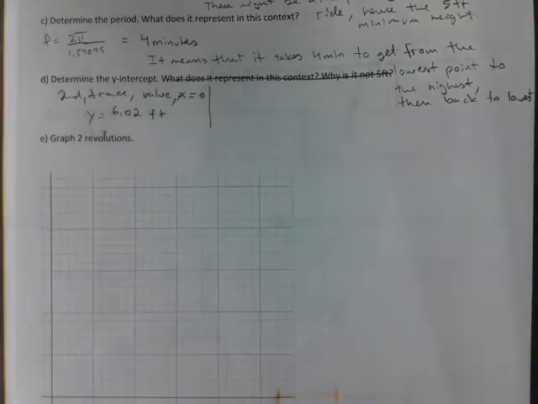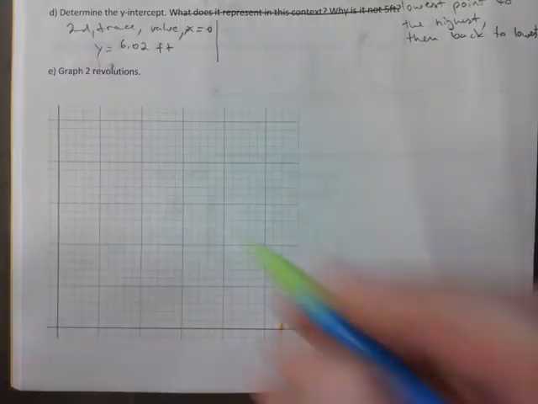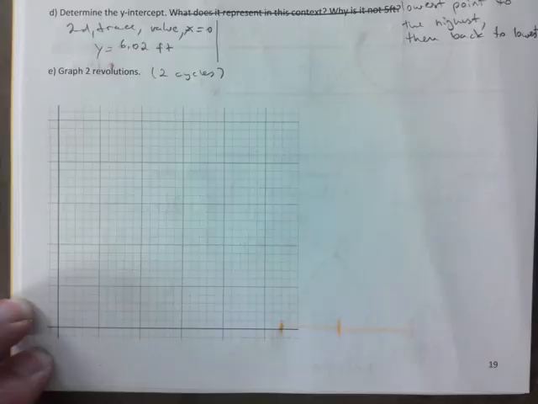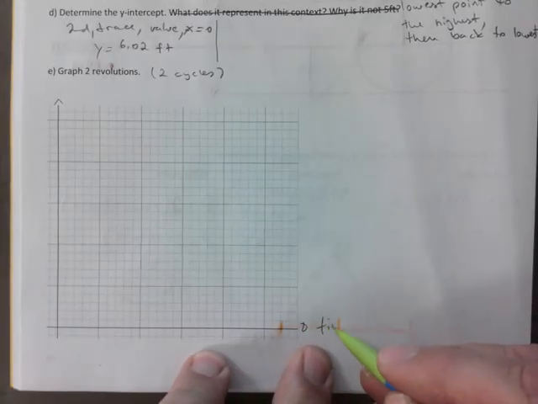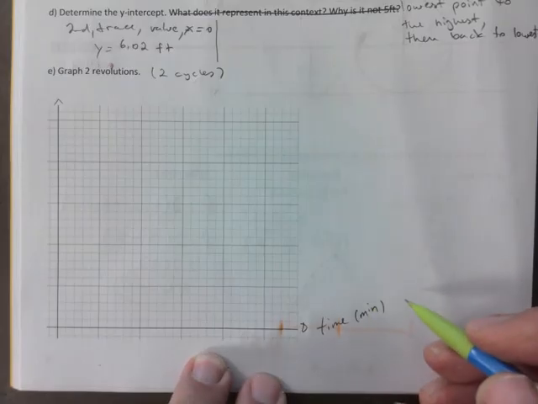I don't think so. Okay, so now graphing 2 revolutions, so 2 cycles. Okay. So it's a word problem. So now you need to be careful with the labeling. You need to have extra steps. You need to have time in minutes. Okay.